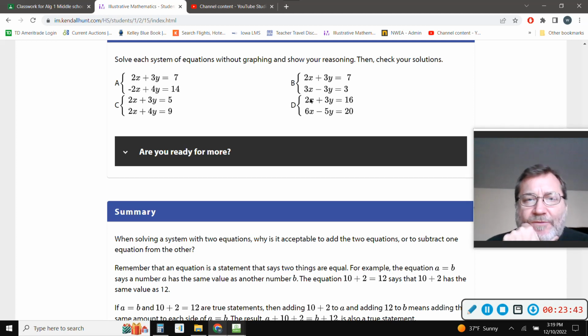If I do a negative 3, I'll get a negative 6 right here, and then the rest will fall, and I can just add them up. So let me start by writing down the equations on some paper, and we'll start doing our work on paper. All right, and I got 6x minus 5y equals 20.